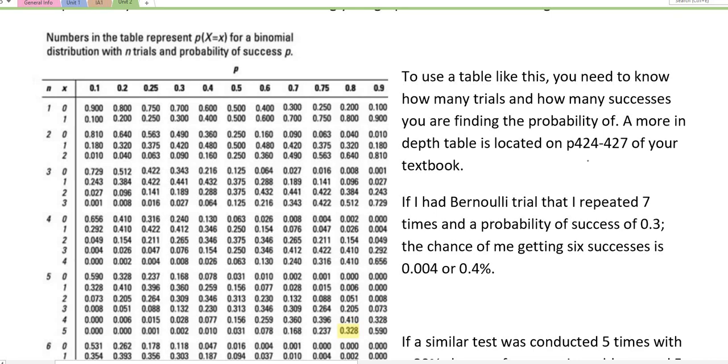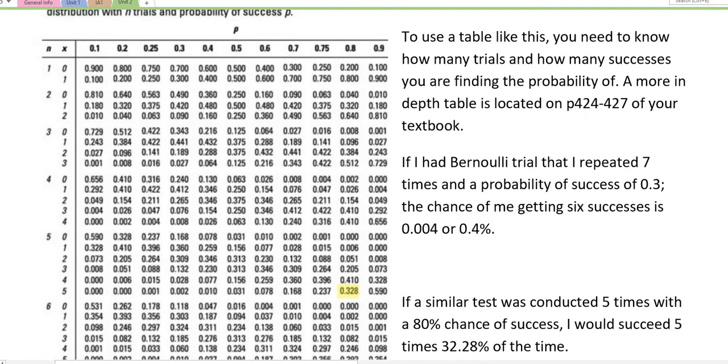Anyway, if you have 5 trials, your chance of success is 0.4, and you want 3 successes, the probability of that is 0.23. So you just look for how many trials, how many successes, and what the chance of success is. So you just read the table, basically.